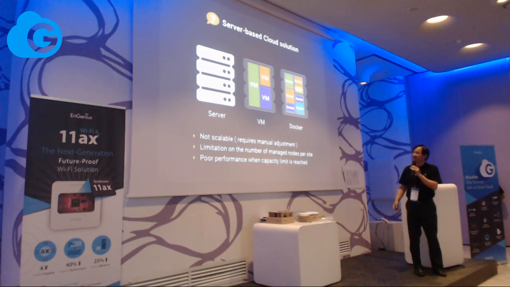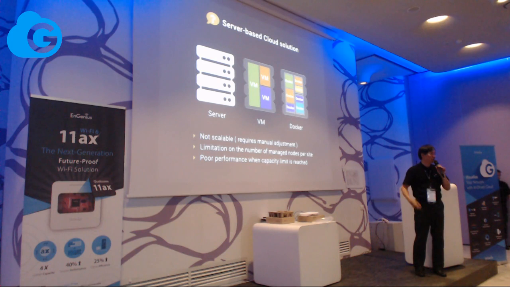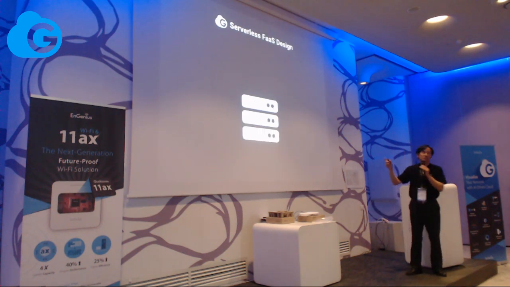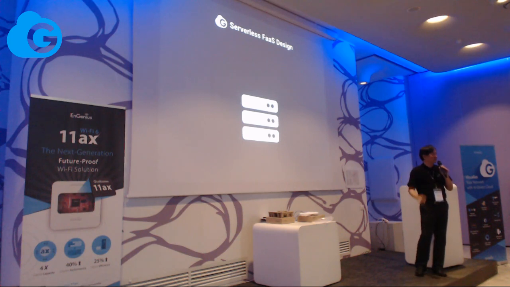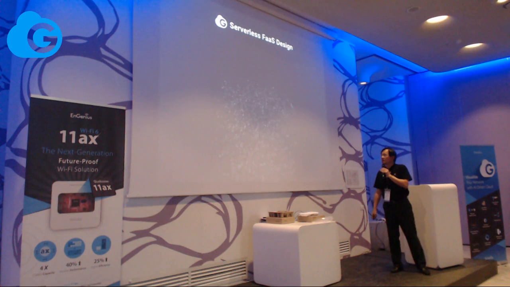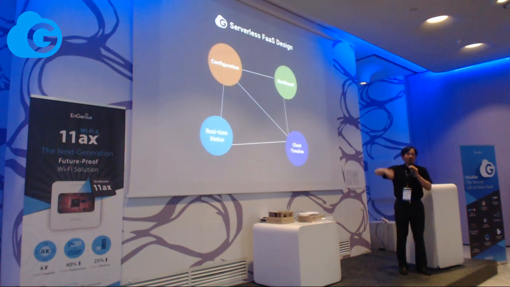So we decided at that time that we needed to rebuild the whole cloud using this serverless function-as-a-service infrastructure. So we actually broke this boundary of server and broke it into different functions.